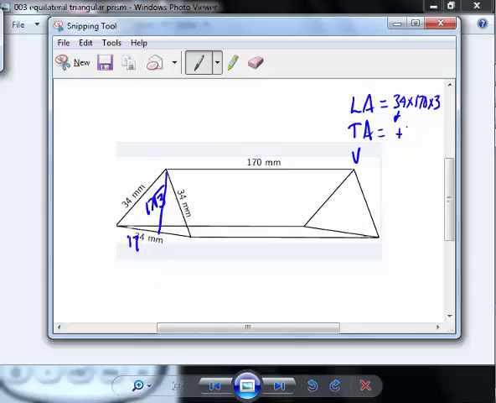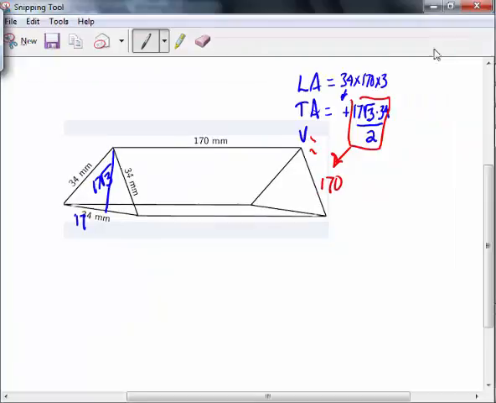So plus 17 root 3 times 34, but remember it's 1/2. And then the volume will be this area here times 170 will be the volume.